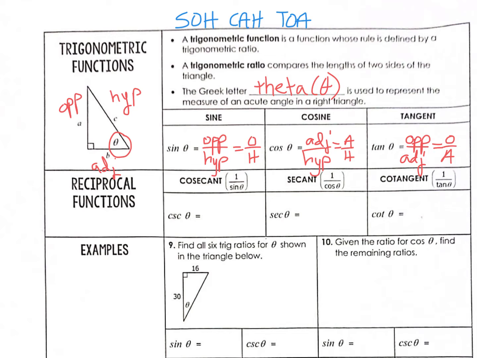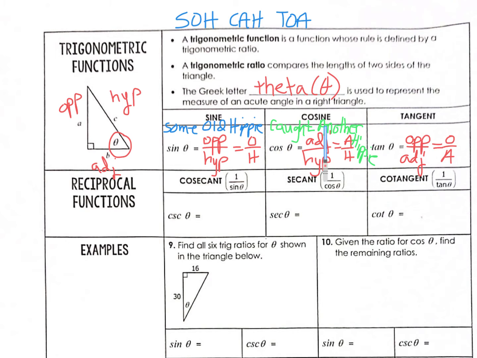I like to use the phrase some old hippie. So S is for sine, O is for opposite, H is for hippie. Some old hippie. And then next would be caught. If I can squeeze this in here, another hippie. I guess I'm not going to be able to. Hippie is going to be down here.